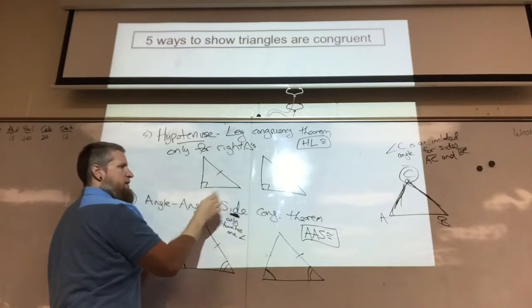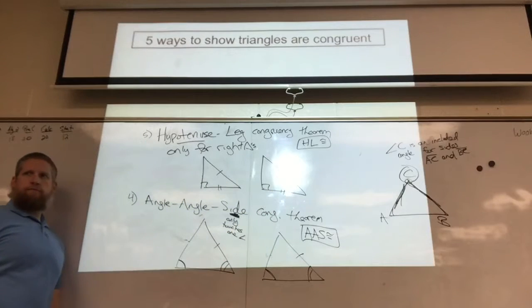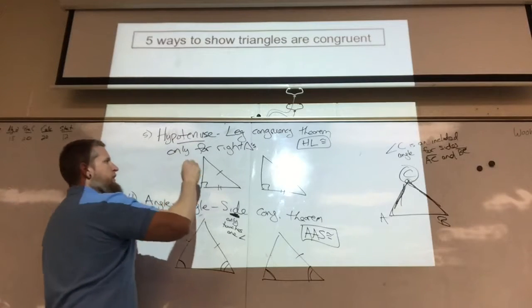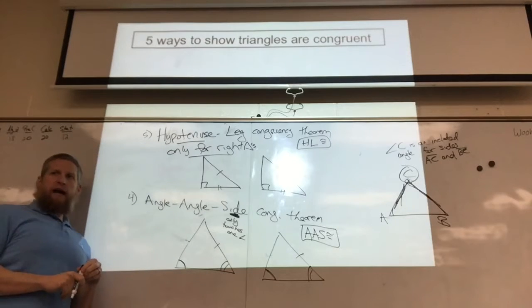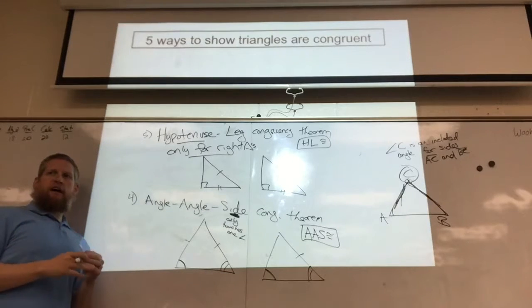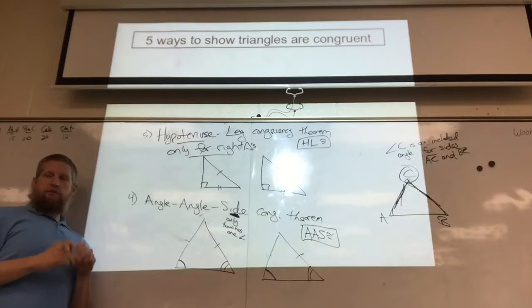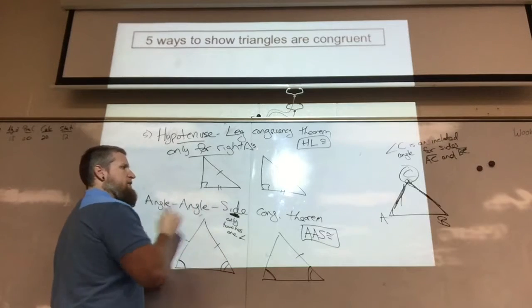Remember, these are both legs. It doesn't matter, you just have to have one of them. So make it very clear in your paper, this is only for right triangles, and you have to have something involving the longest side or this doesn't apply. It's very specific when you can utilize this.